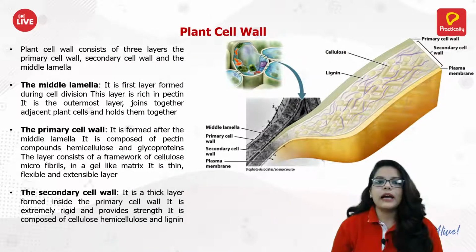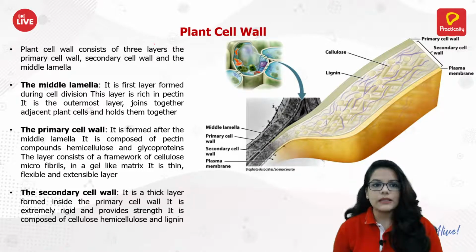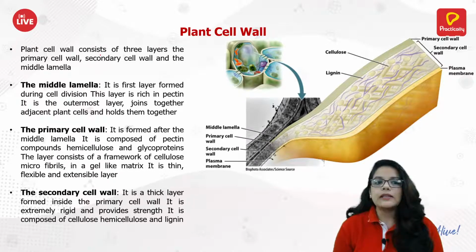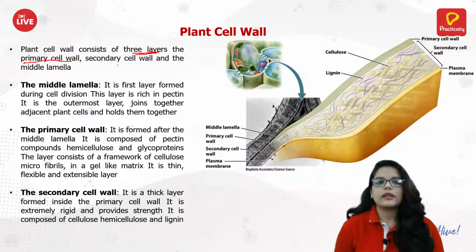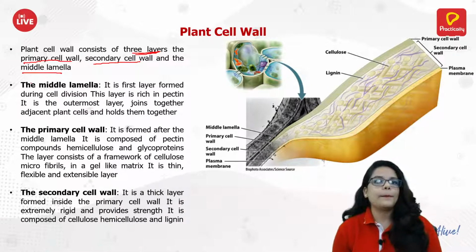We were talking about the fungus cell wall. Now we'll talk about the plant cell wall. The plant cell wall consists of basically three layers: the primary cell wall, the secondary cell wall, and the middle lamella.